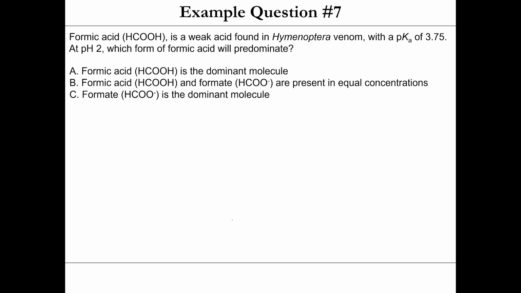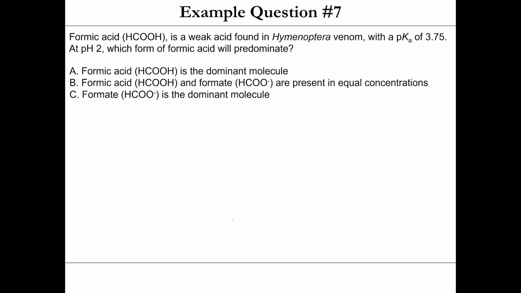Formic acid has a pKa of 3.75. So at pH 2, which form of formic acid will predominate? Will the acid be the dominant molecule? Will formate, which is the conjugate base, be the dominant molecule? Or will they be present in equal concentrations?